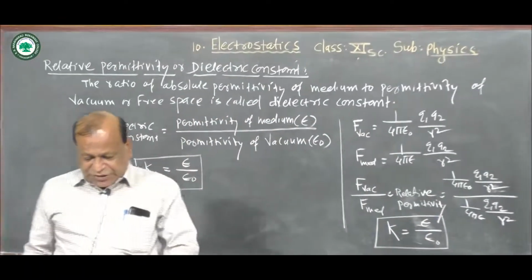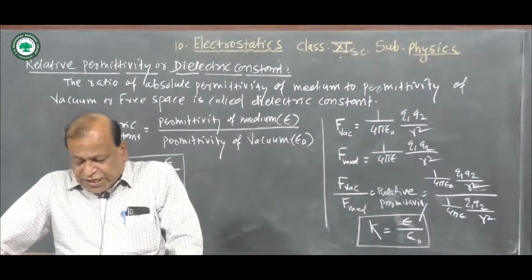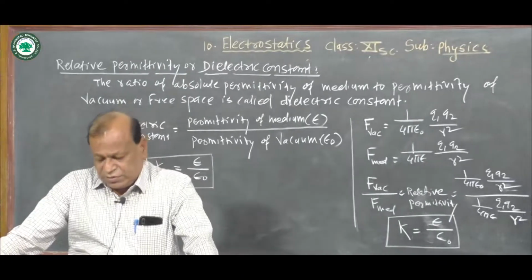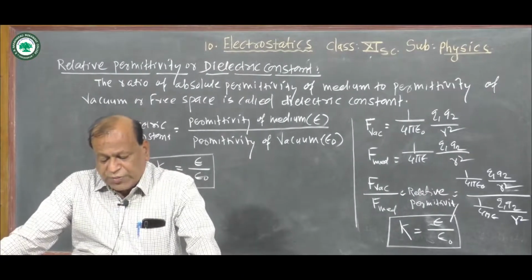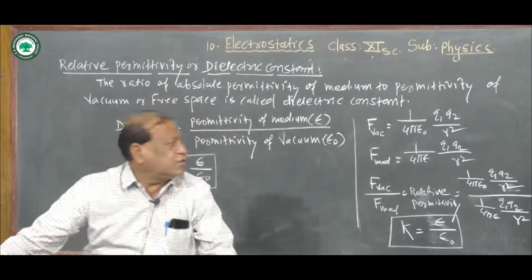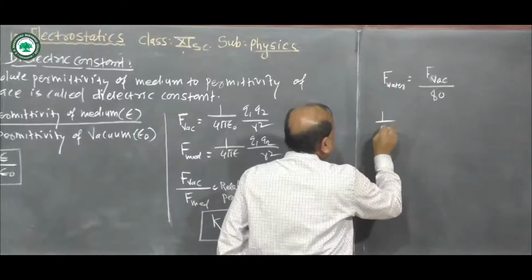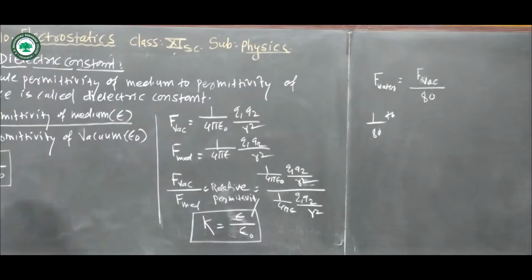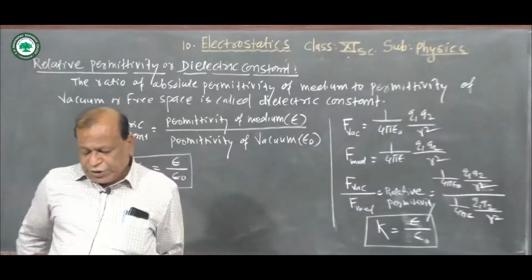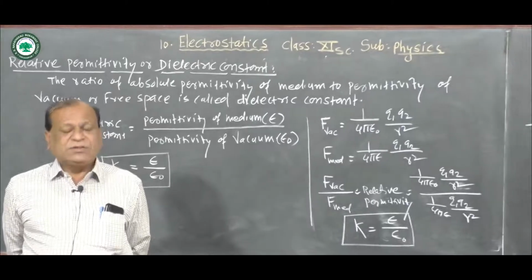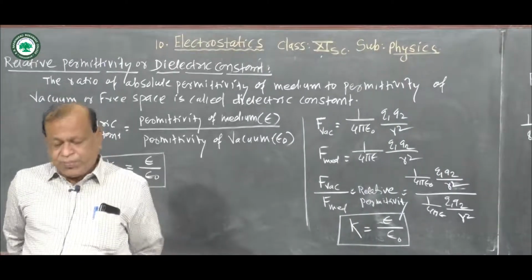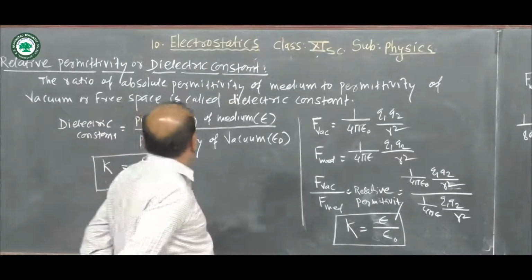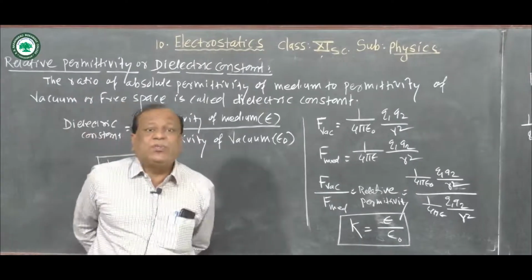When two point charges are placed the same distance apart in water, the force between them is reduced to 1/80th of the force between the same two charges in a vacuum. Thus, a material medium reduces the force between charges by a factor of the relative permittivity.